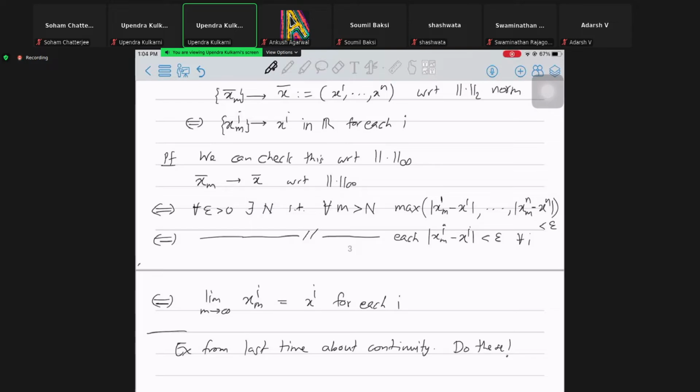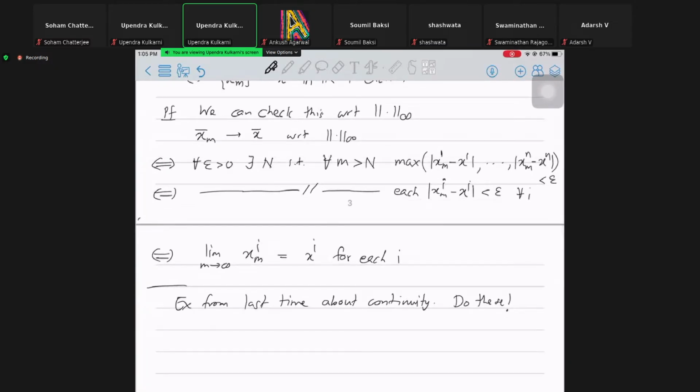So do these exercises. In particular, what I said is, when is a function from a metric space into R^n continuous? Because such a function will just be made up of component functions, right? So maybe this exercise, the corollary that we did, is helpful to you. Just think about it. Okay.